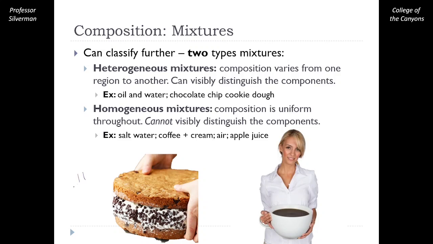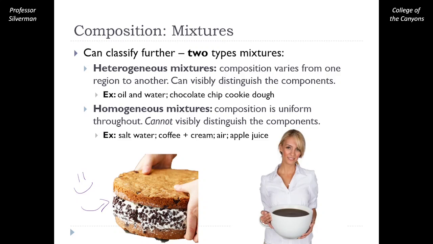Our example is on the left here. It's this giant ice cream sandwich. Well, perfect sized ice cream sandwich, which is composed of all sorts of things. This cookie, the chocolate chips, the ice cream, all of which are also composed of different things: sugar, flour, butter, cream, etc., etc. But this is definitely a heterogeneous mixture.